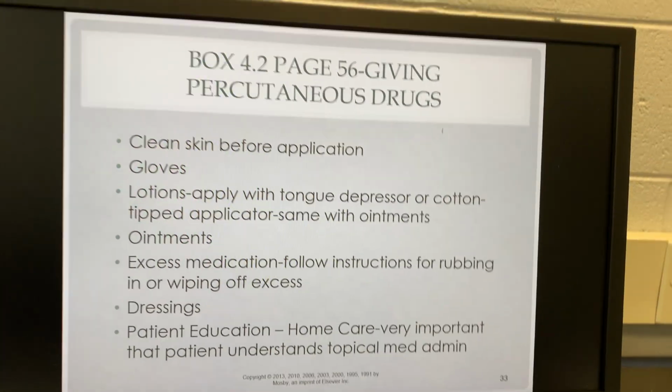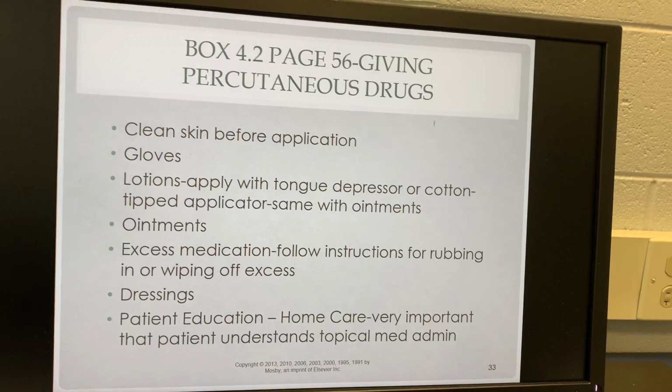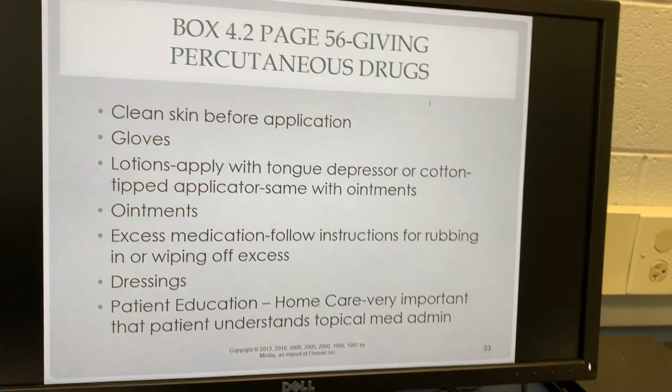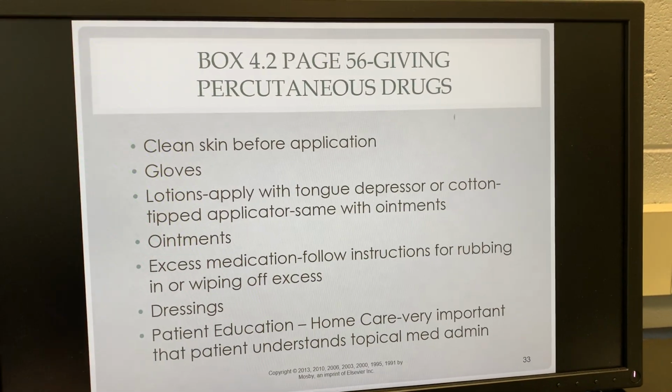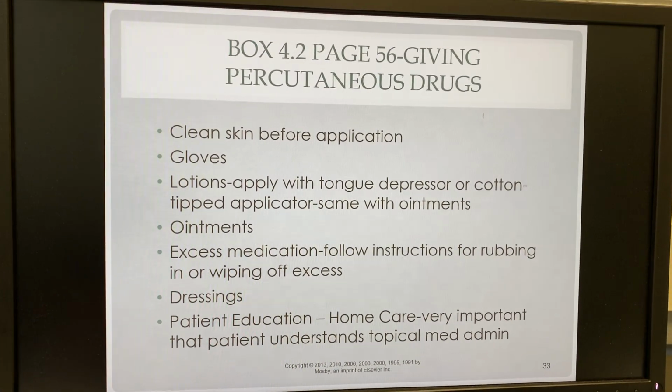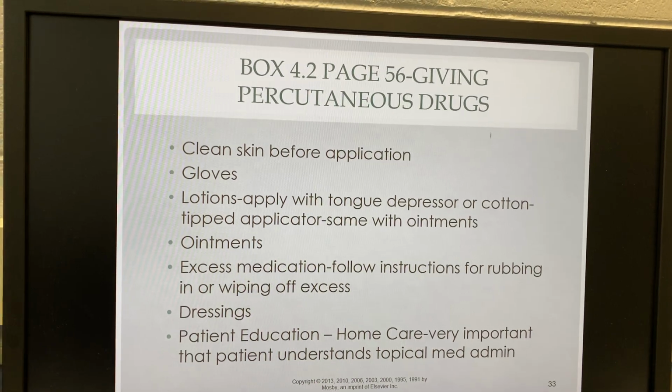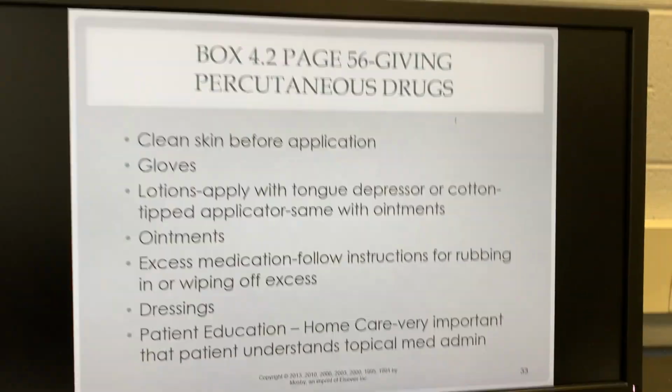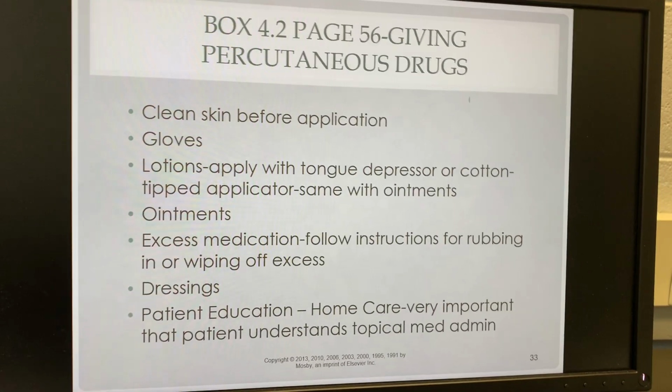Box 4.2 on page 56 gives all your little guidelines to giving percutaneous medications, so make sure you read that. And once again, percutaneous is either topical or transdermal. Clean skin before the application, make sure you're using gloves.